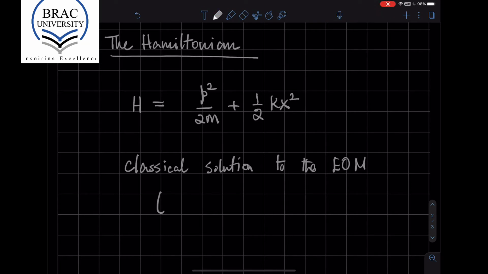The equation of motion is given by the force, which is minus kx, equal to the mass times the acceleration. If you integrate this once, you get the first integral of motion, which is the energy.